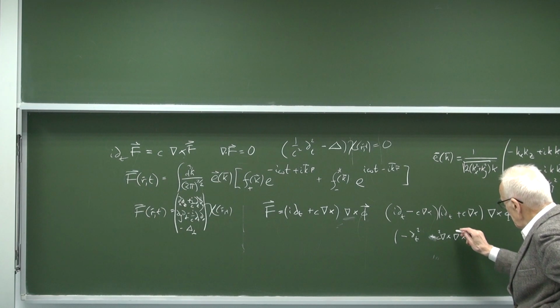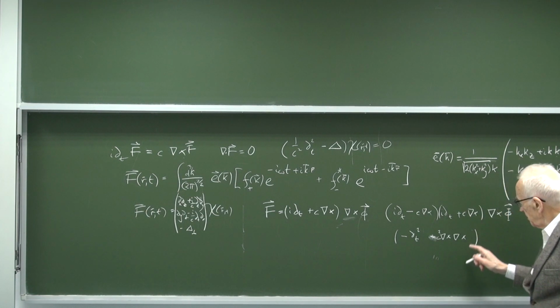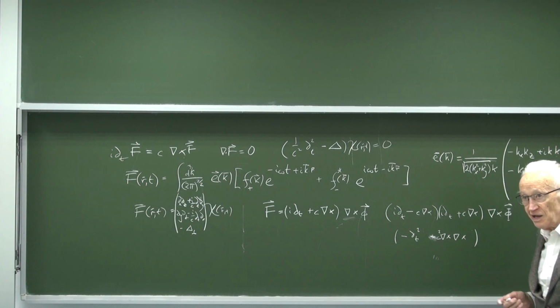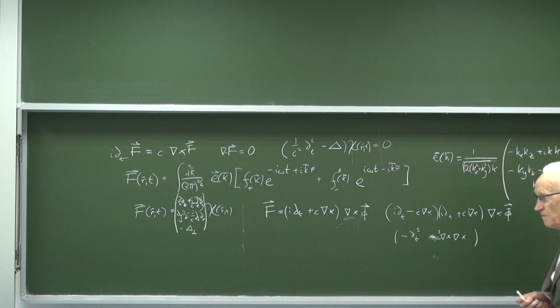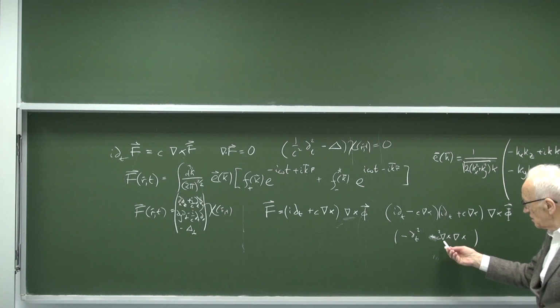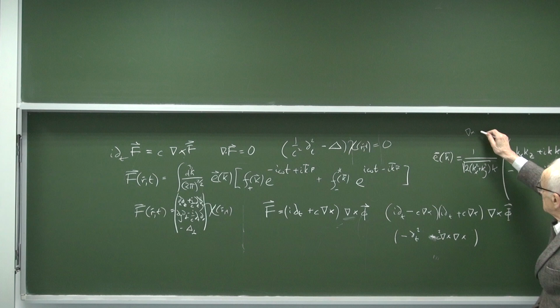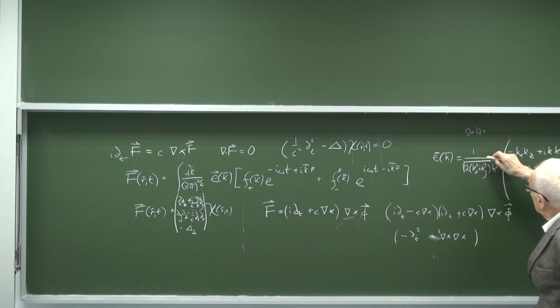Such an expression, we have to take the first curl and the second curl. There is a formula in vector analysis that says that curl of the curl just follows from the properties of the vector product.